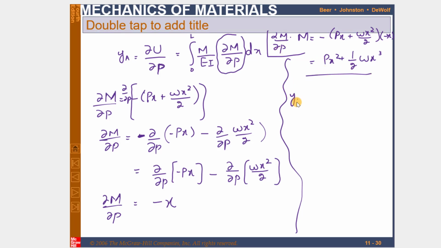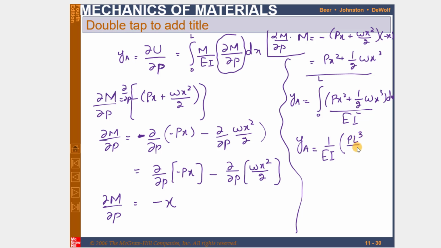So you will put YA is equal to the integral from 0 to L of Px square plus 1 over 2 Wx cube into dx, divided by EI. Clear? Now you have all the values, you can integrate separately, so you will get the deflection y at point A is equal to 1 over EI into PL cube over 3 plus WL4 over 8.